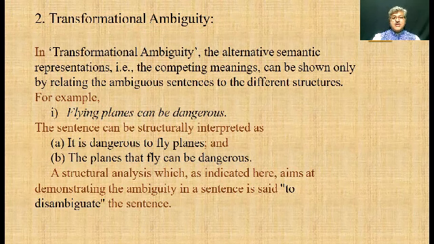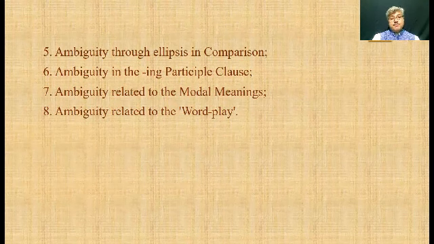Ambiguity in pre-modification, ambiguity in post-modification, ambiguity in coordination, ambiguity due to the positioning of the adverbial, ambiguity through ellipsis in comparison, ambiguity in the -ing participle clause, ambiguity related to modal auxiliary meanings, ambiguity related to modal meanings, ambiguity related to word play.